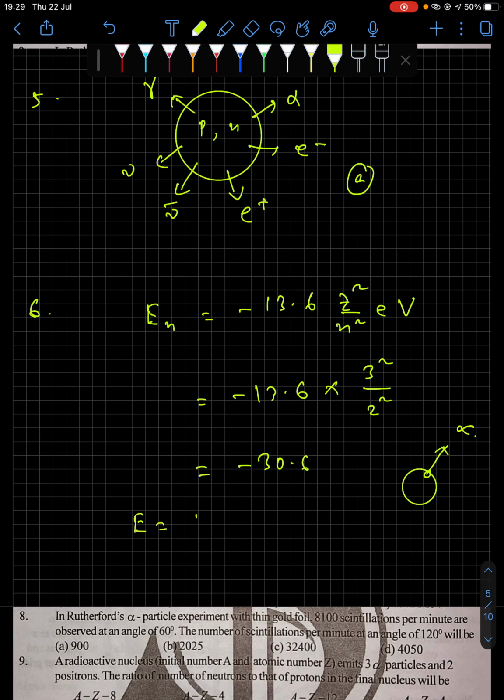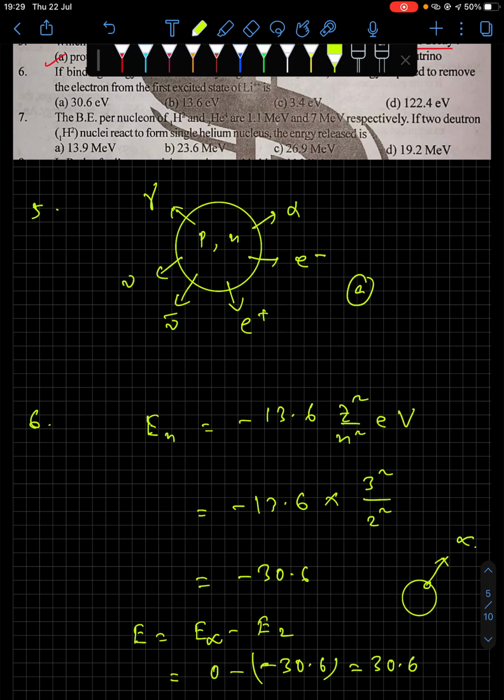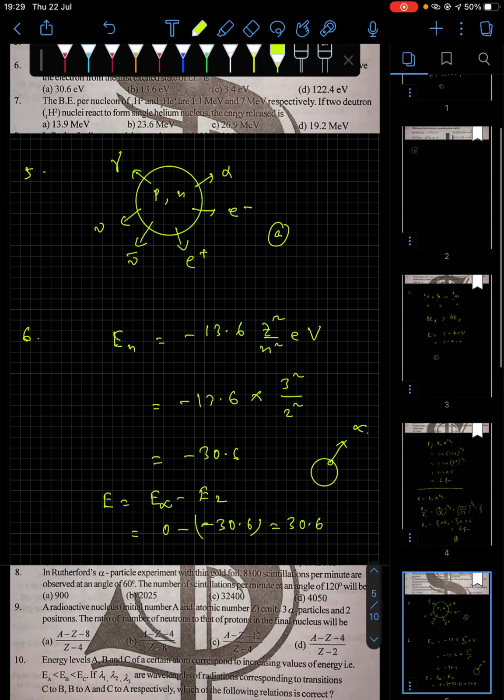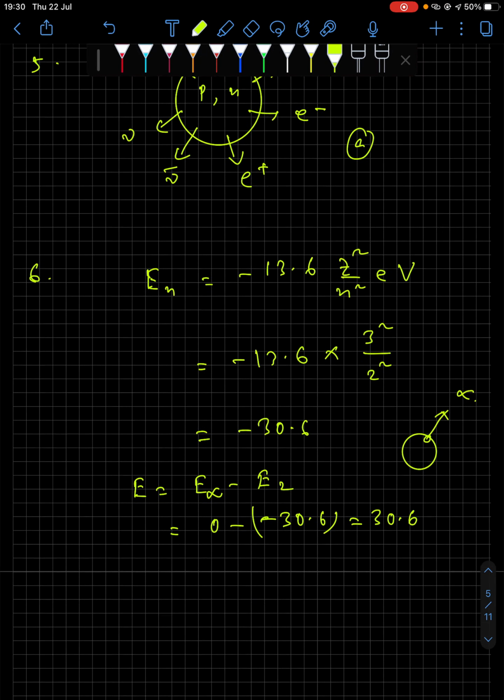So energy required is E infinity minus E respective, here first excited state, that is E2. So it will be E infinity 0 minus minus 30.6. So your answer is plus 30.6. Option number A.